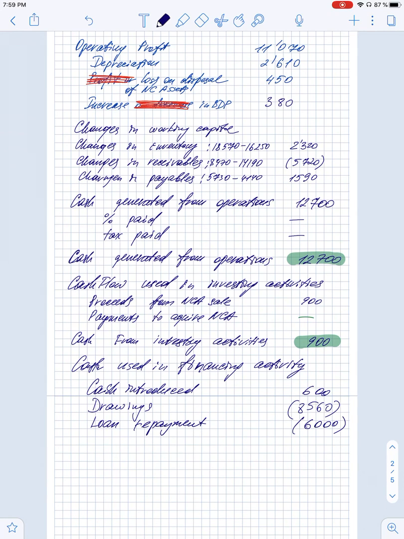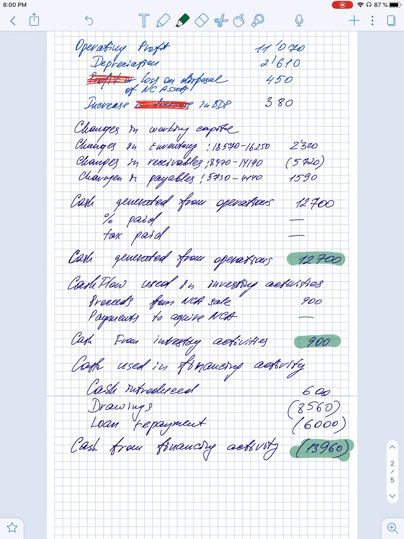And total cash from financing activity could be calculated now. And it's the only activity which generates negative cash, or a cash eater, 13,960. And that was the last section of the cash flow statement which should be filled in.